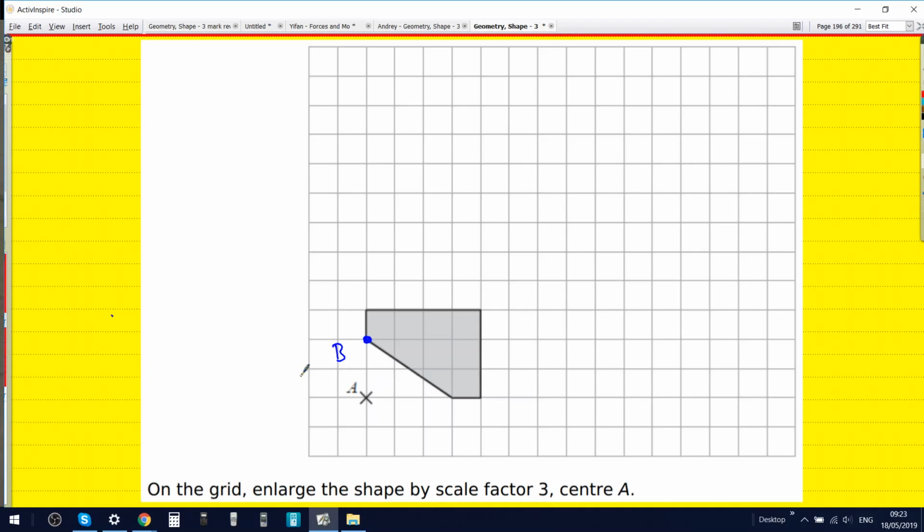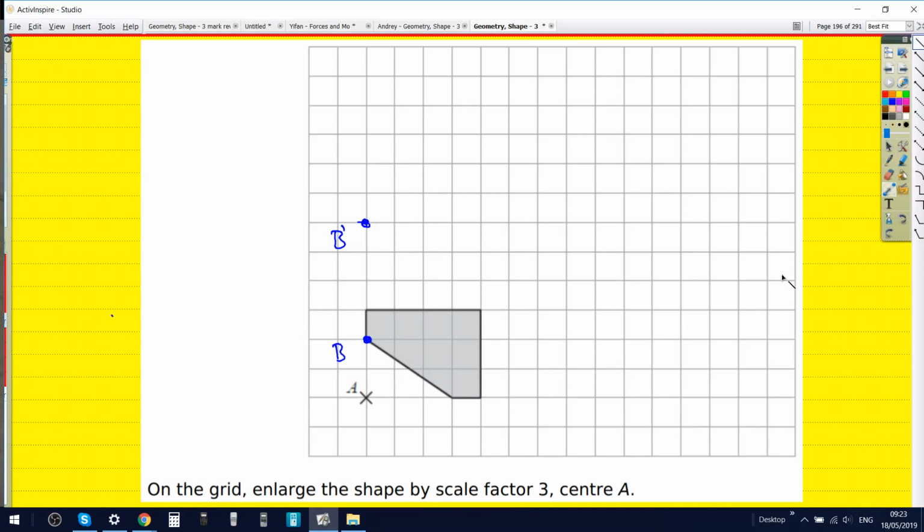Do I need to now enlarge the shape? Well, where will this point be after the enlargement? It'll be at 0, 6? So it will be 6 up instead. Yeah. So 1, 2, 3, 4, 5, 6, and so now that's probably enough to just do the rest of it normally.